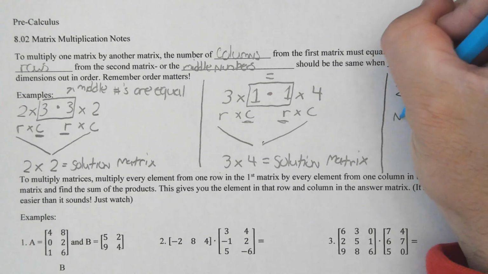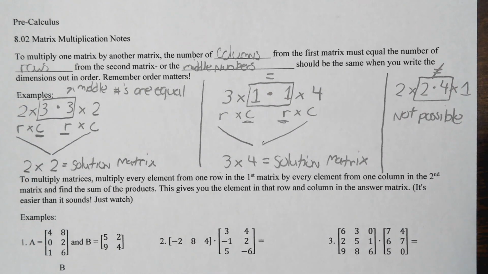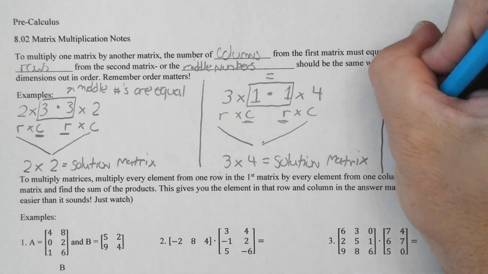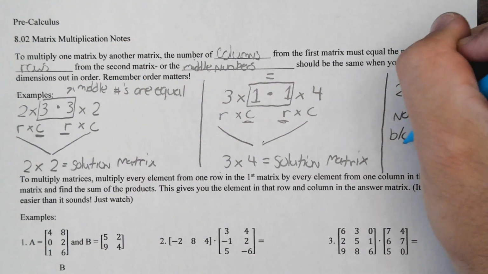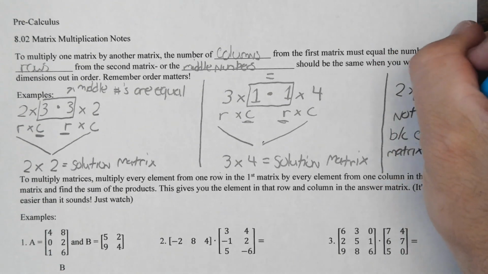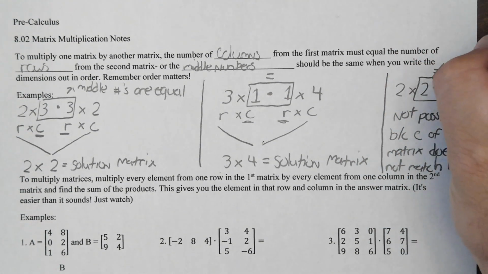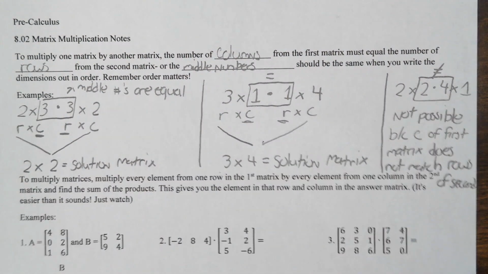The middle numbers do not equal, so this right here would not be possible, because the columns of the first matrix do not match the rows of the second. Sorry, I know that's a lot to say.